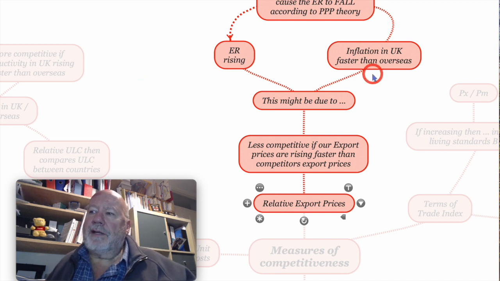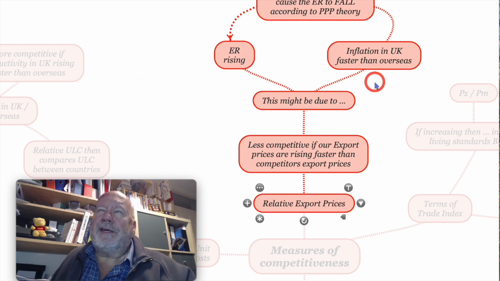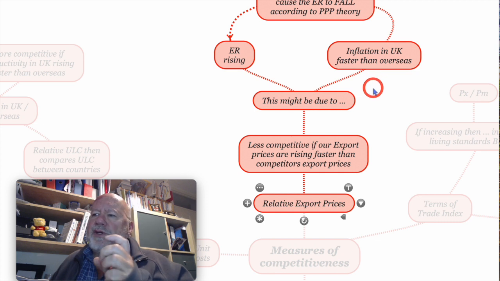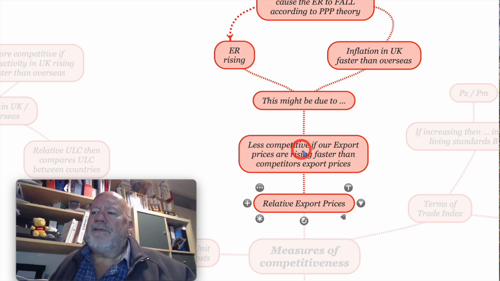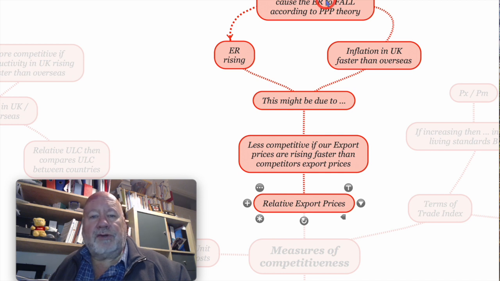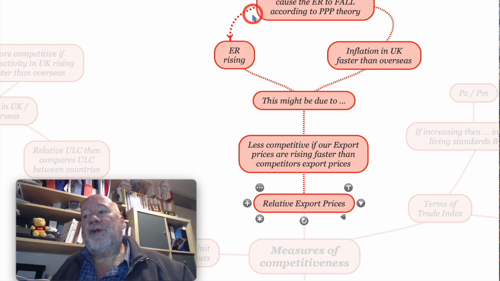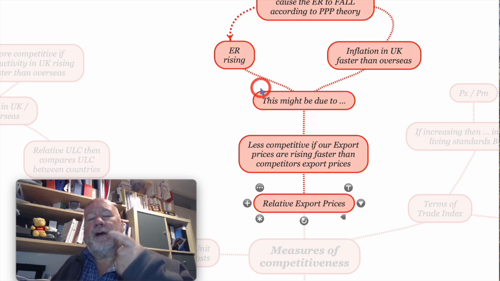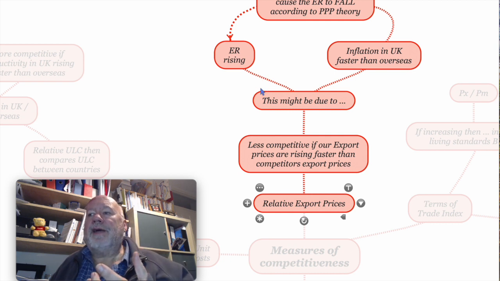There's a nice little idea here of analysis and evaluation, which would say that if our export prices are rising because inflation in the UK is greater than, let's say, America, then, according to purchasing power parity theory, the exchange rate is going to fall, which therefore brings us our competitiveness back again because we've got a lower exchange rate.